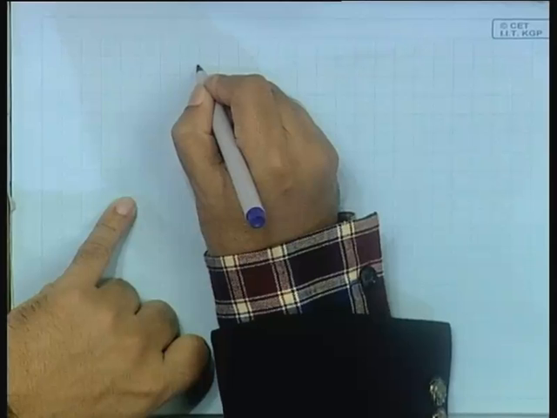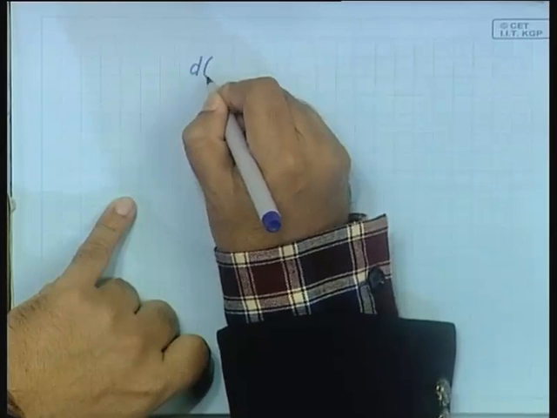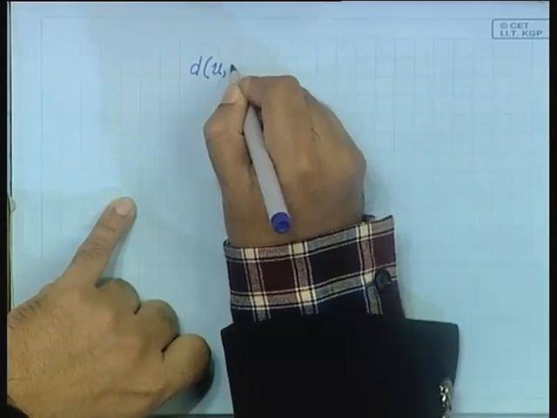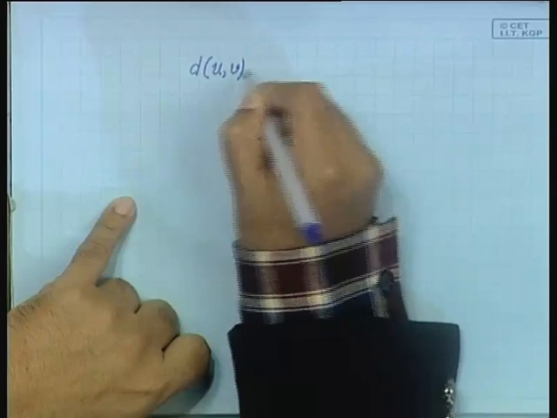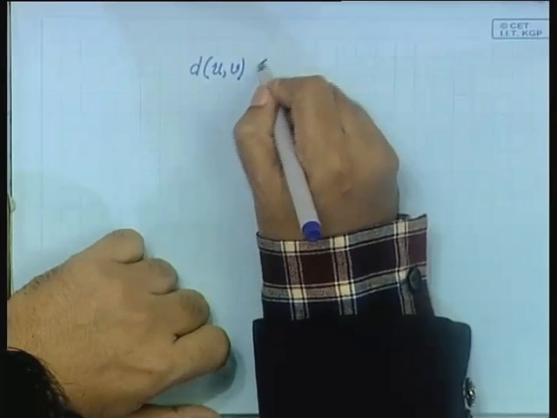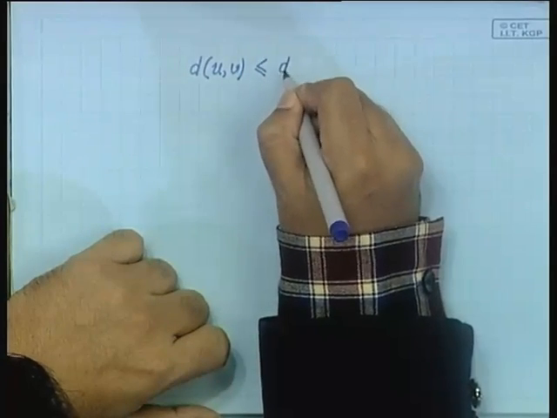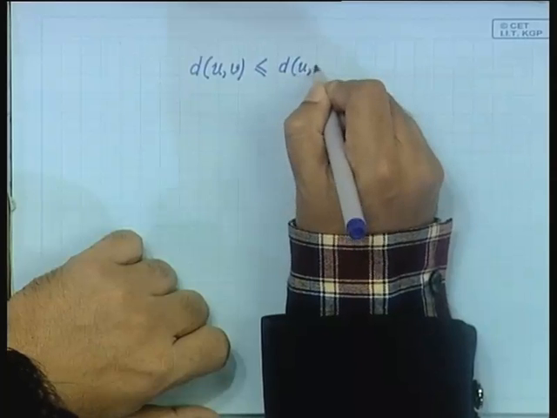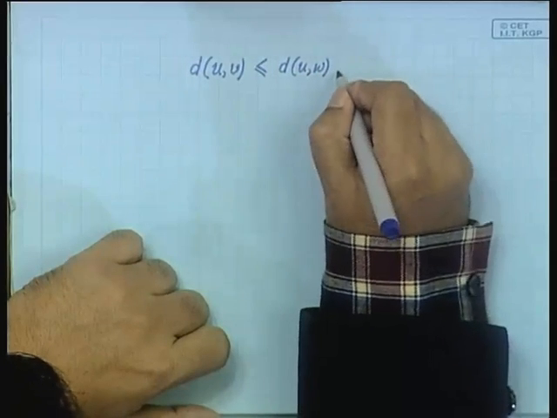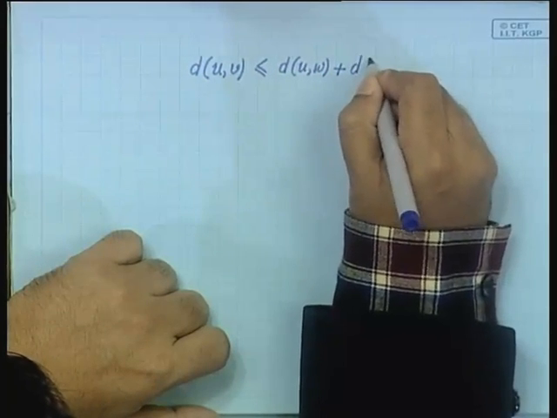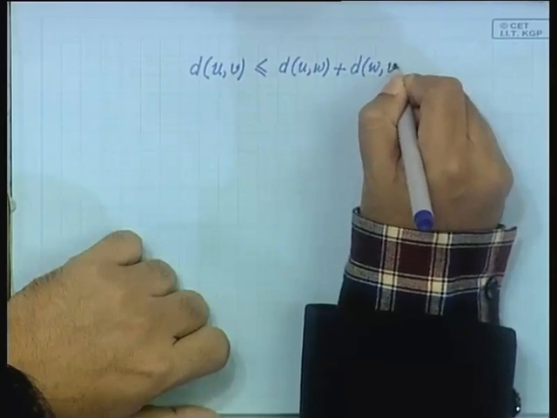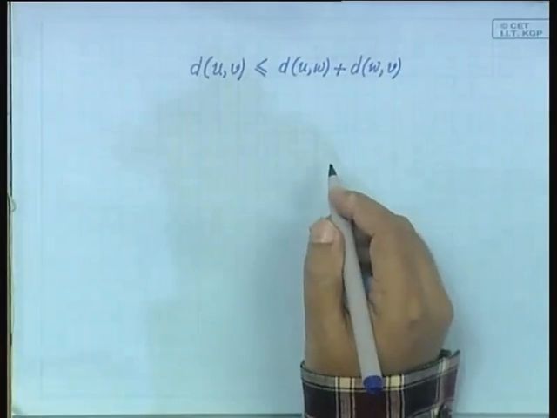So, it tries to use the inequality that d_uv, the distance from u to v, is less than or equal to d_uw plus d_wv, right.